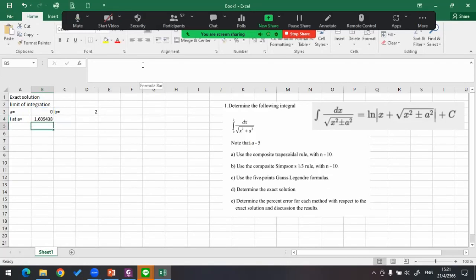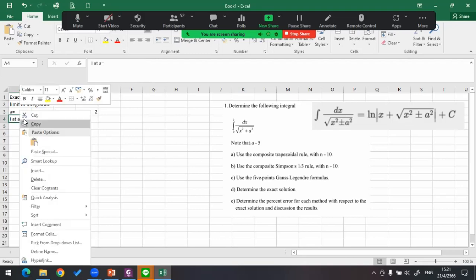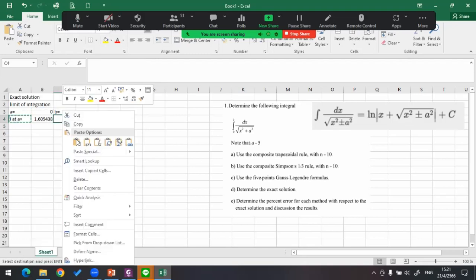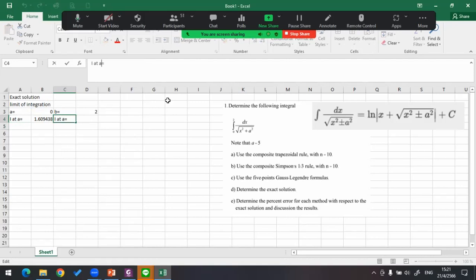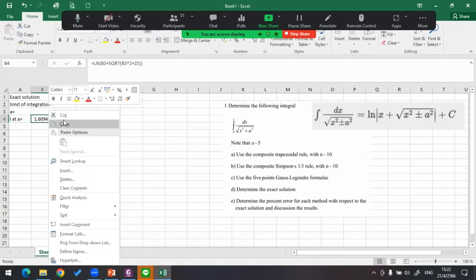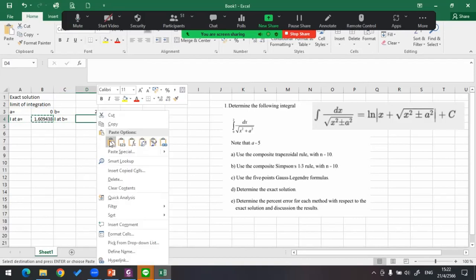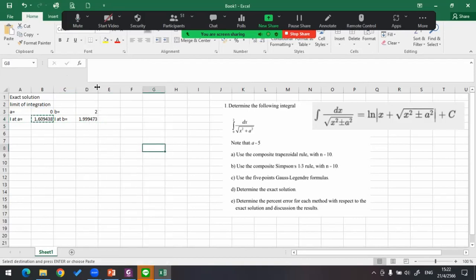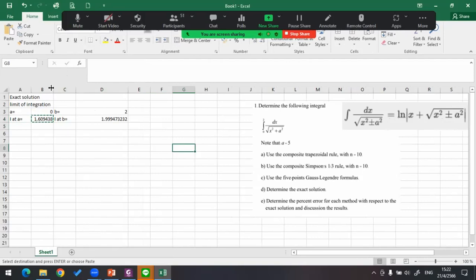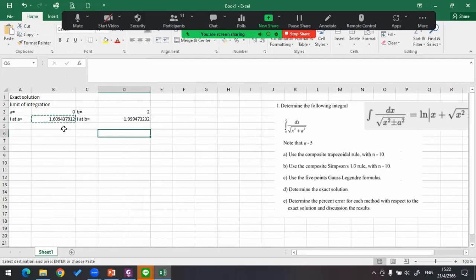It should be here. And the result at b should be the same way. So then the exact solution is what?